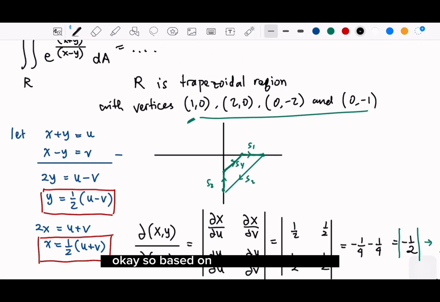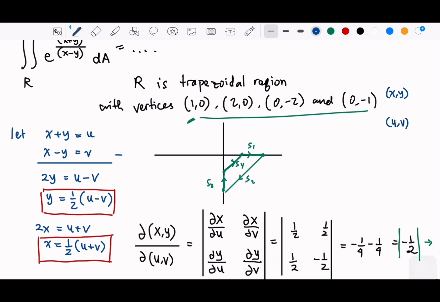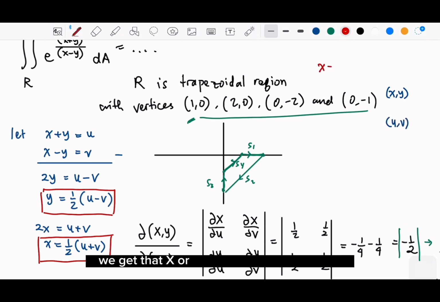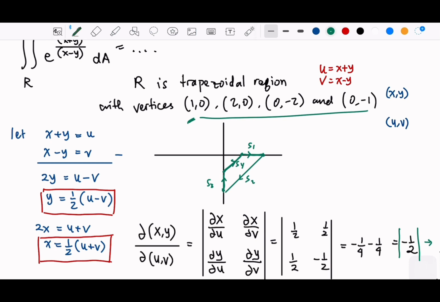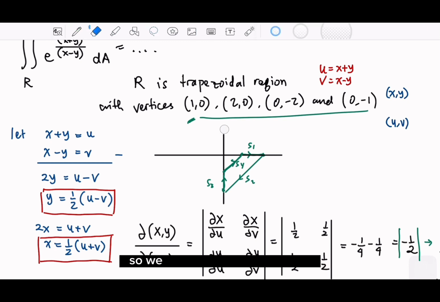Okay, so based on this xy, so this is xy. If you want to take it into u and v, we get that u is x plus y, v is x minus y. So we exchange all these points.